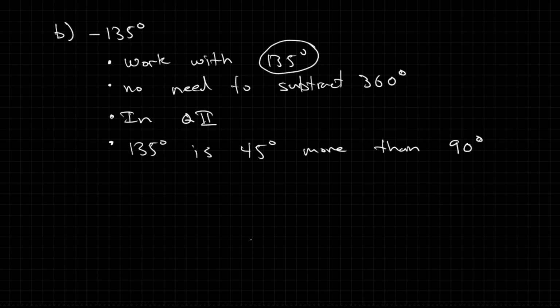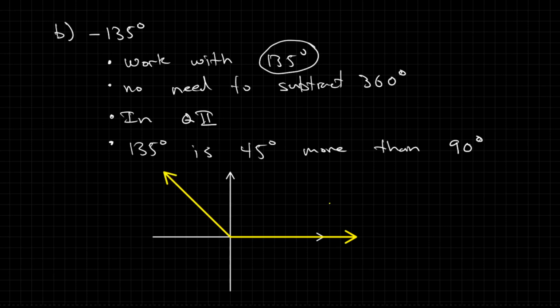And so if you're going to draw 135 degrees, we'll make some axes. We'll put our terminal side on the positive x-axis, and we would need to draw an angle in quadrant 2 that's halfway between 90 and 180 because, well, 45 degrees is halfway between 0 and 90, and 135 degrees is 45 degrees more than 90 degrees.